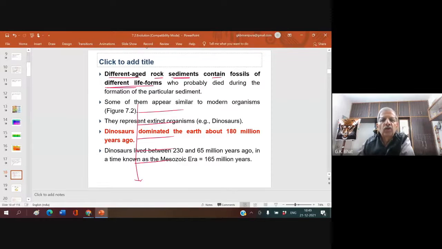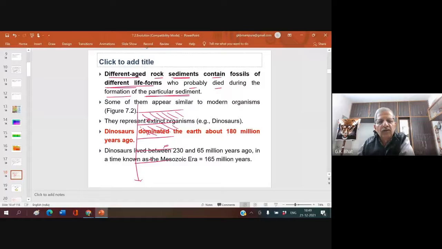You come across some dead remains of animals in this place, and here. These rock sediments are formed at different ages. Different aged rock sediments contain fossils of different life forms who probably died during the formation of that particular sediment.